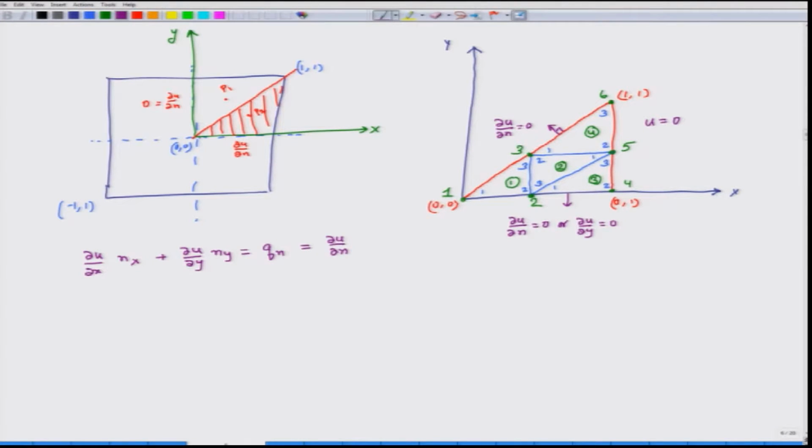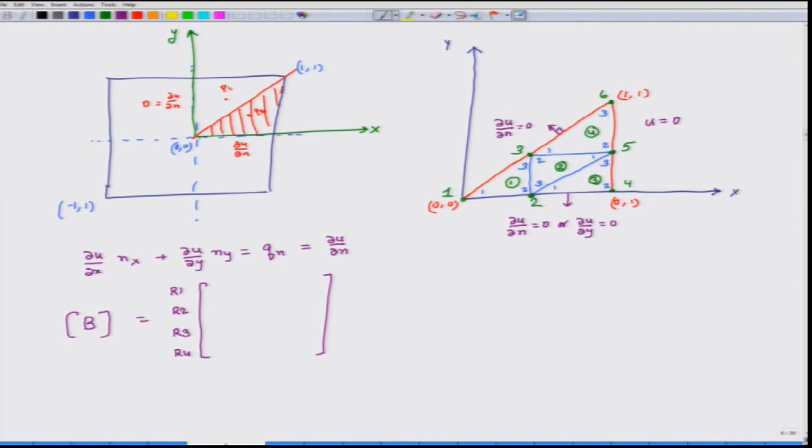Very quickly we will develop the connectivity matrix for this. So, the B vector, how many rows? The number of rows corresponds to the number of elements, so it will have 4 rows. And how many columns? 3 columns, because the maximum number of nodes in any element is 3. Row 1 is for element 1, row 2 for element 2, row 3 for element 3, and row 4 for element 4.